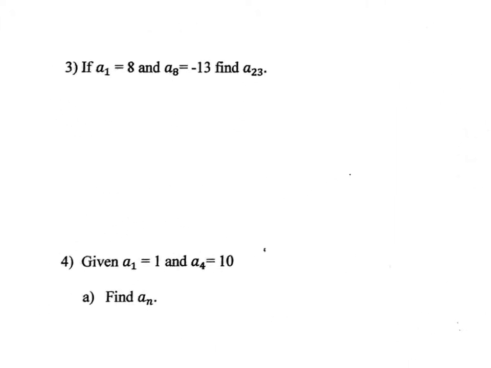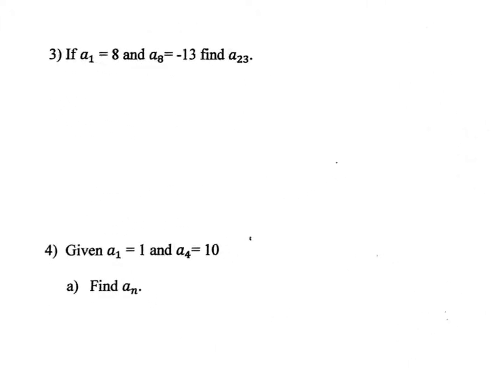Alrighty, number 3 here. What we need to find here, again, always, always, always the first step is to find that common difference. Got to do that first. We have our a sub 1. That one's okay. a sub 1 is 8. But that common difference is a little bit harder because I only have 2 random terms here.